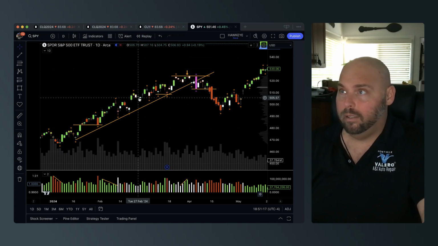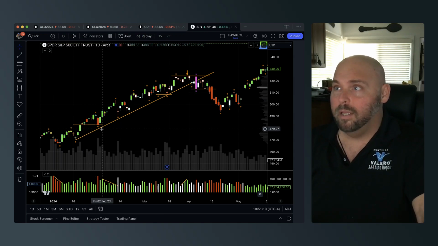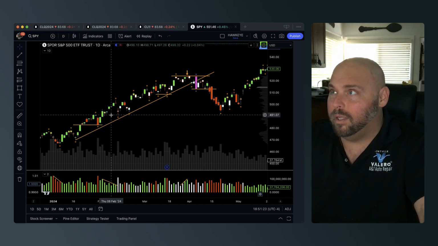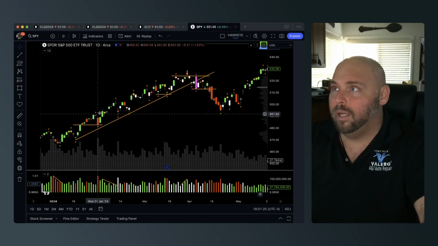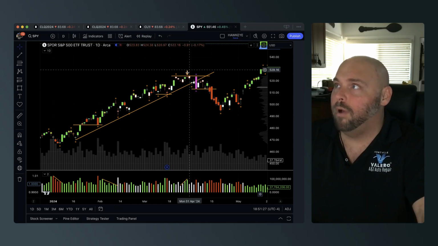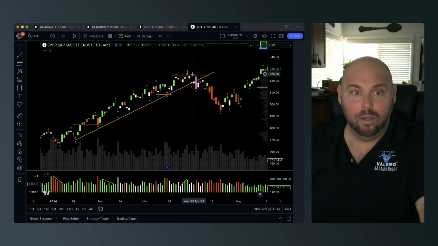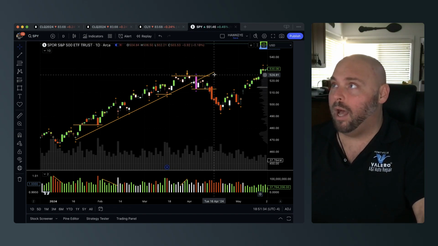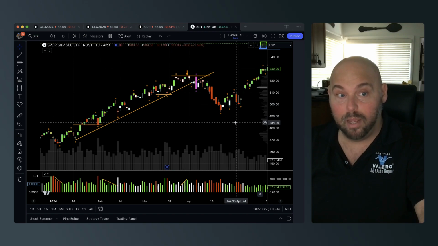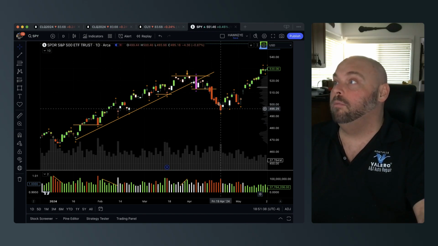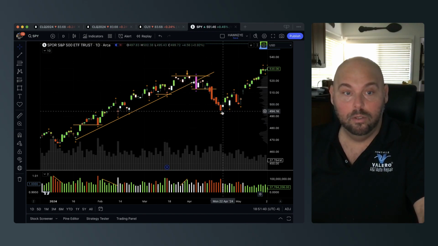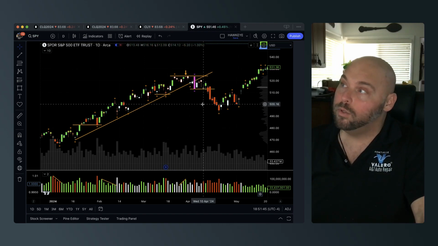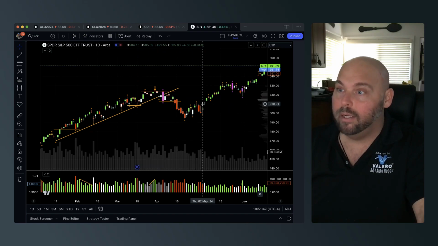We only really focused on the candles that mattered, because I don't care what these little random candles are doing. I'm looking for lows in an uptrend to potentially get long. I'm looking for failure to push higher where a correction may occur, and then I'm looking for the correction to run out of energy so that the market can continue back in its direction.